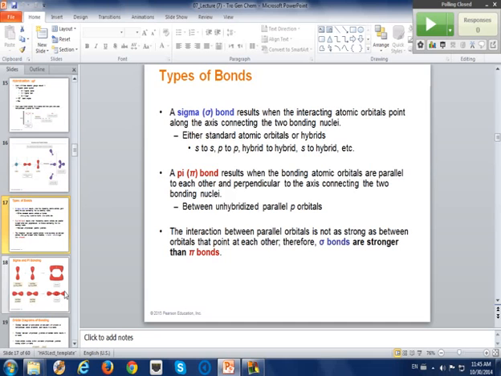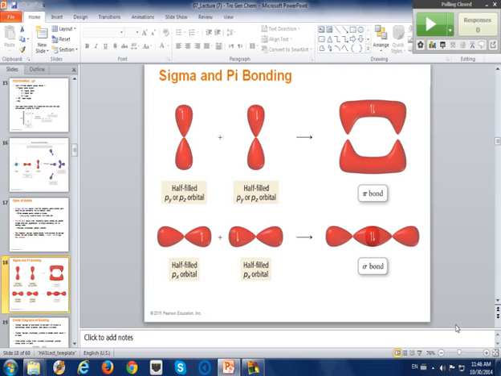And so we can see examples of sigma and pi bonding in a molecule, say, involving a px on the two atoms as the nuclei are approached in forming the molecule. The wave functions of px symmetry on the two atoms overlap, and they overlap between the two nuclei.